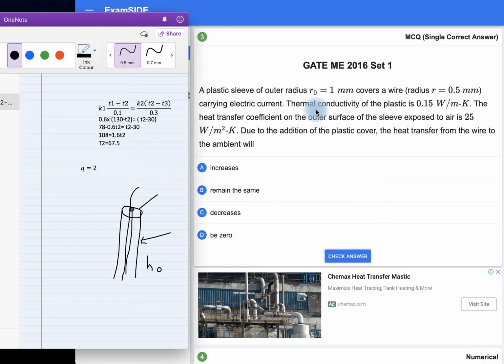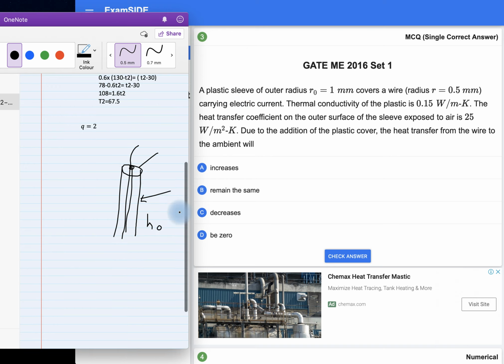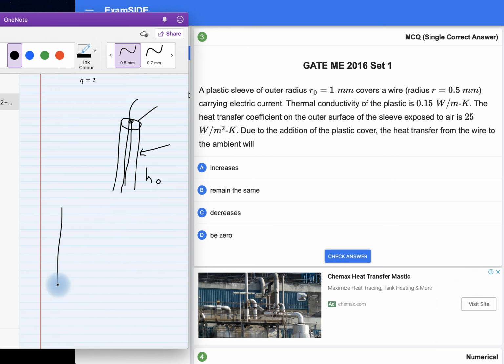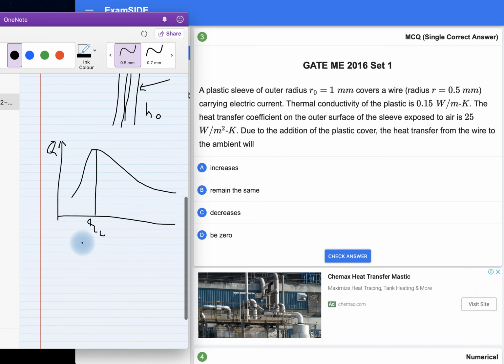This is a current carrying wire, carrying an electric current. So if heat transfer reduces, then the wire can carry more current. Our graph will look like this. This is our critical radius, RC, and this is Q. RC will be K by H, because it is a cylindrical wire.